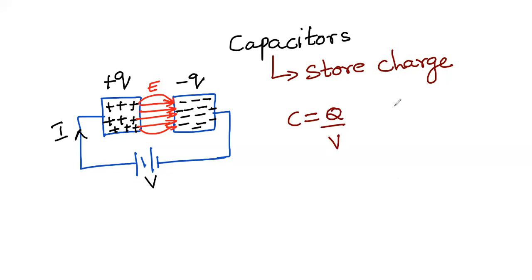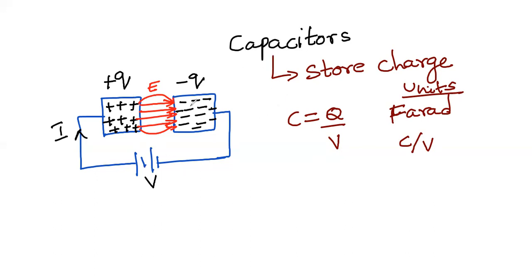The farad is the unit of capacitance, which is more commonly used. The other unit can be coulomb per volt, because the unit of charge is coulomb and the unit of voltage is volt. So it is coulomb per volt.